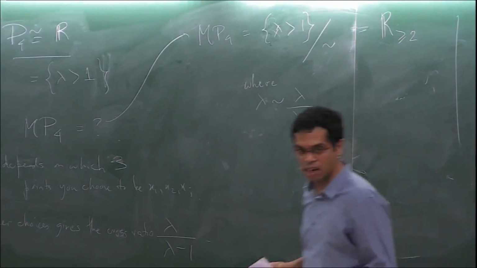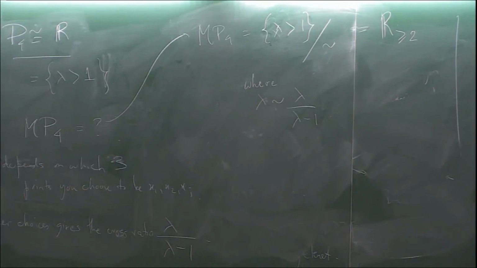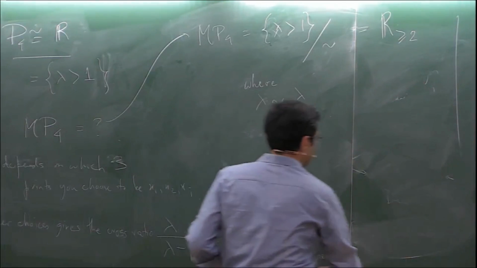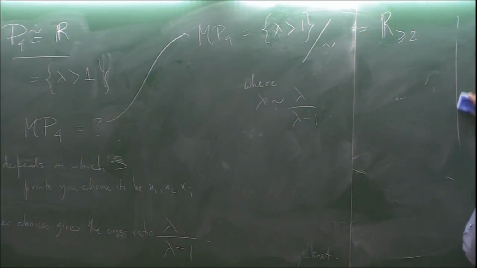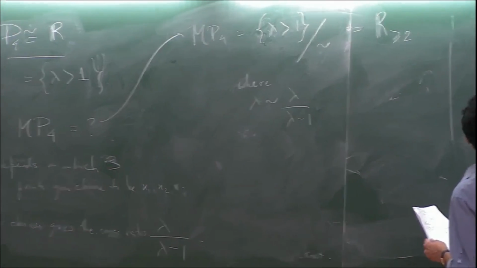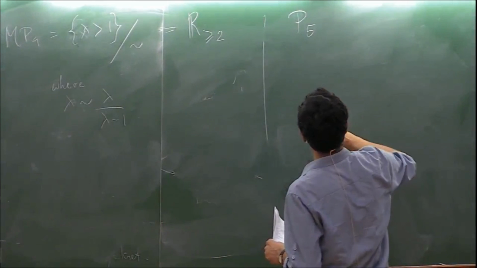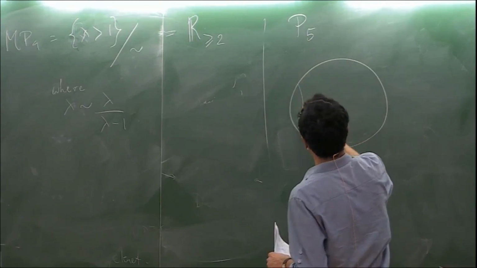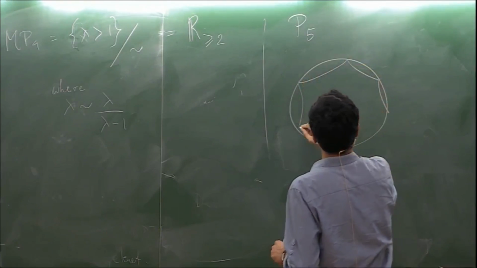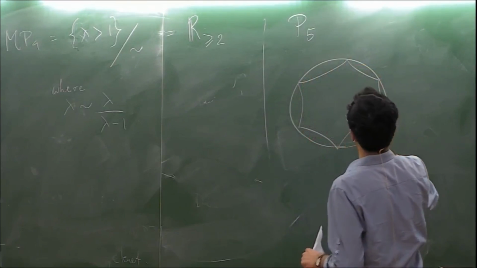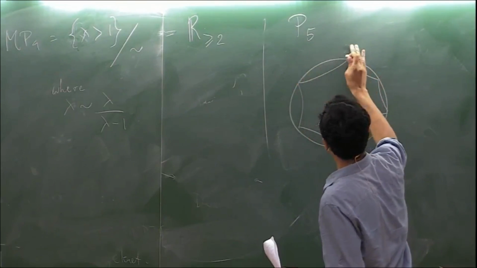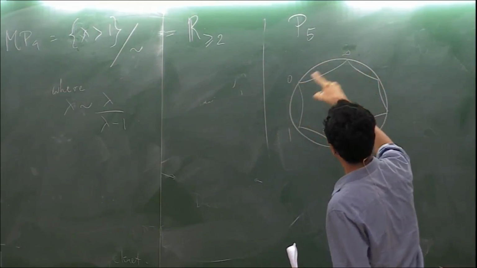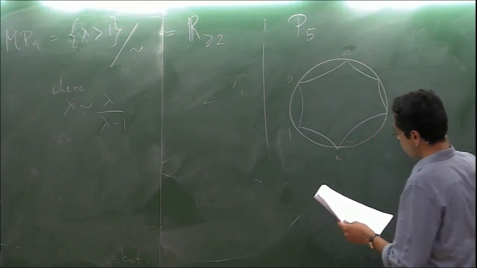Let me tell you what happens for ideal pentagons, and then leave it there. If you look at P5, these are ideal pentagons. If you look at labelings, you can take 3 points to infinity, 0, 1, and then you have x and y.